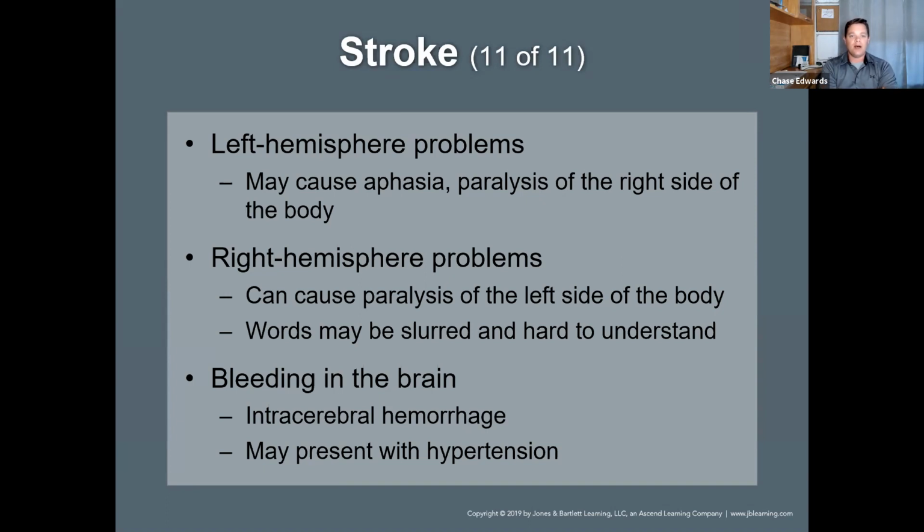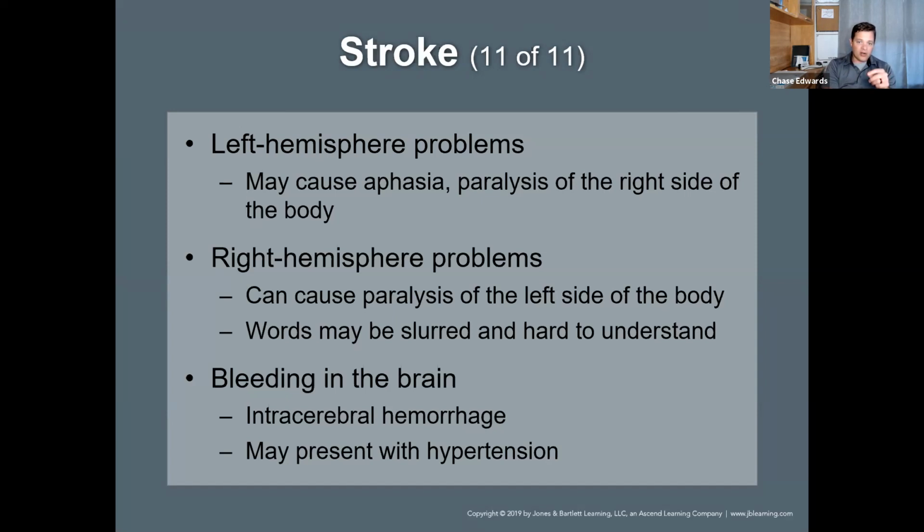So, bleeding in the brain. Intracerebral hemorrhage, what we call that. It may be present with hypertension. Sometimes hypertension is the cause of the bleeding, but many times it's a response to the bleeding. When bleeding occurs inside the brain, the pressure inside the skull increases.